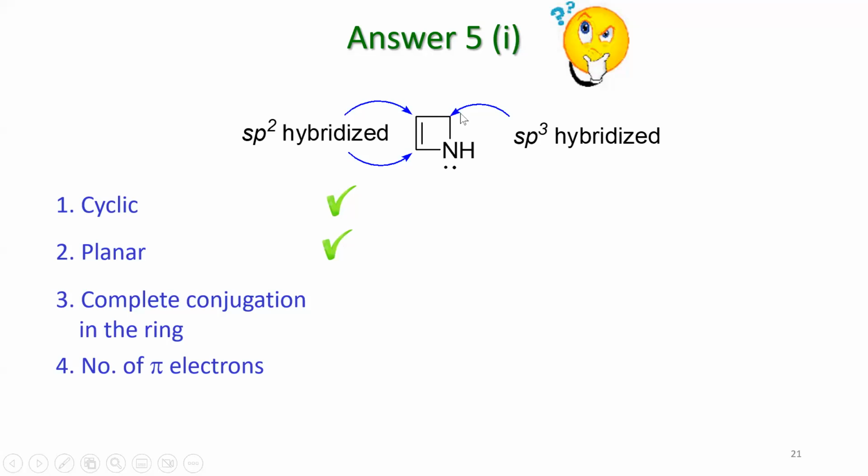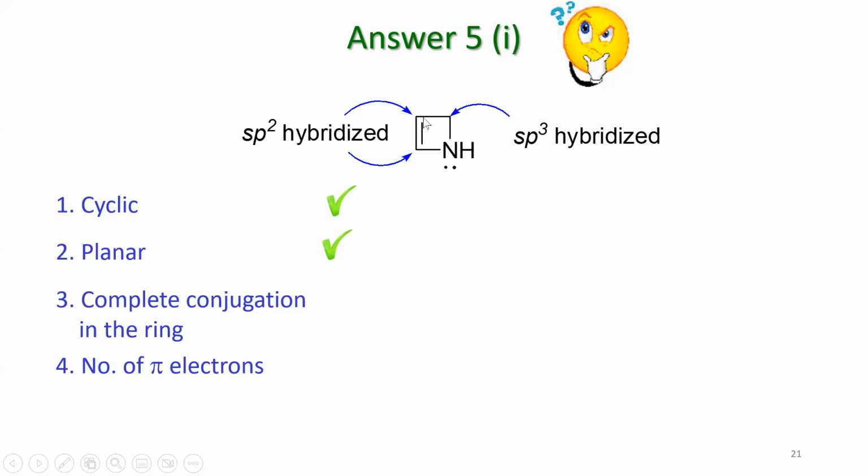The problem is here, this carbon atom. It is not sp2 hybridized, it is sp3. Now, there are these 2 electrons and 1 pi bond, 2 pi electrons here, and conjugation is here from nitrogen to this carbon atom.